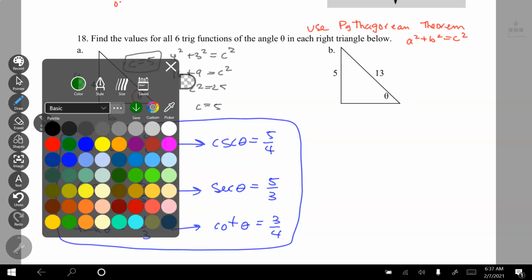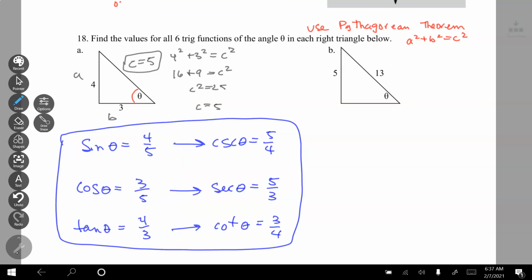Now, when you do Pythagorean theorem, the missing side is not always the hypotenuse. You're not always solving for C. So in this case, I have my A value. I don't have a B value.